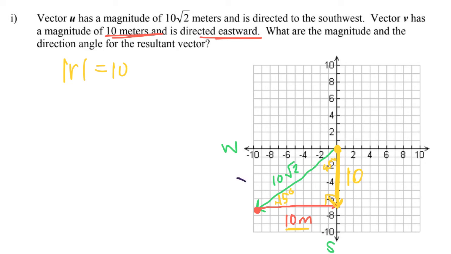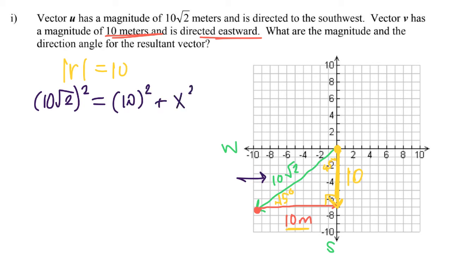Now, if you did not remember that, again, we can use our Pythagorean theorem, and let's go through that, because this time we have the hypotenuse. So we have 10 square root of 2 squared, that's our c, because it's the hypotenuse, equals 10 squared plus a missing side squared. And so 10 squared is 100, times the square root of 2 squared, which is 2.